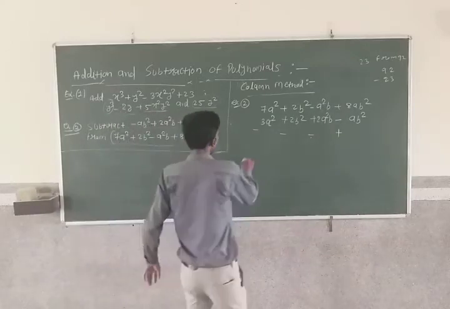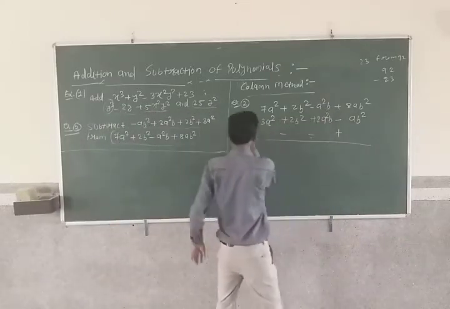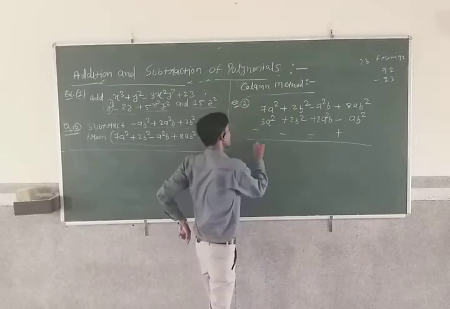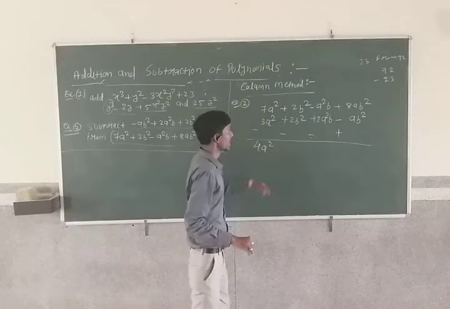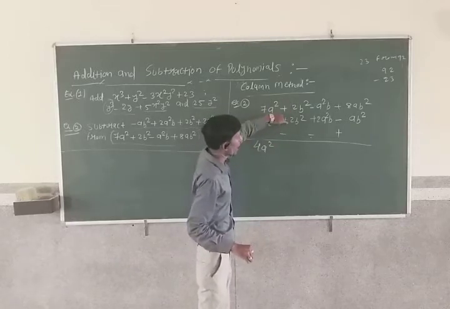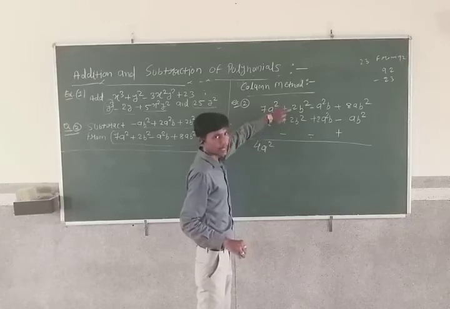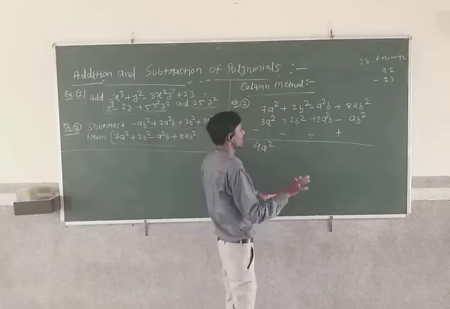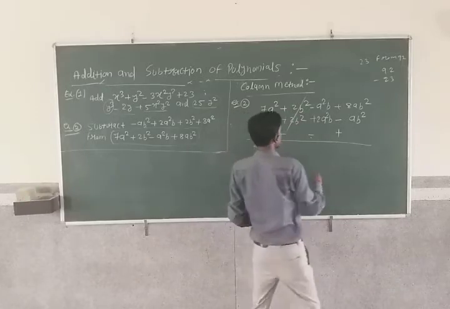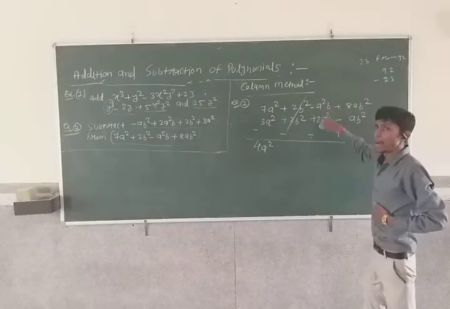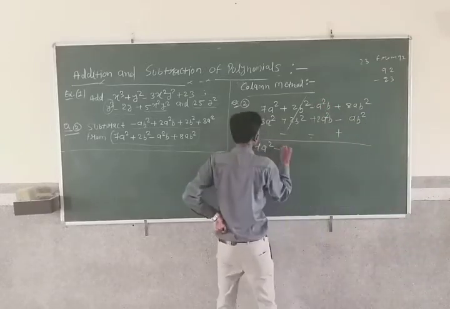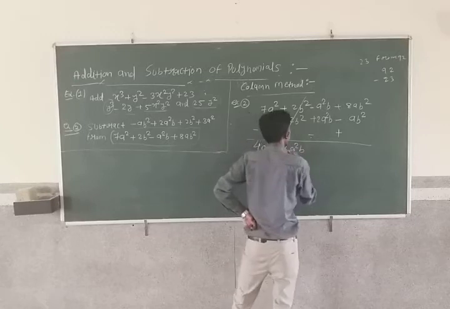Now we will work according to the changed symbols. 7 minus 3 will be 4a square. This is 2 minus 2, don't see this symbol, 2 minus 2 will be 0, so we will not write b square. It will be completely cancelled out. Then minus 1 minus 2 will be minus 3a square b.